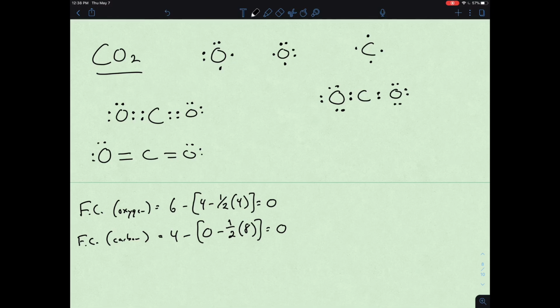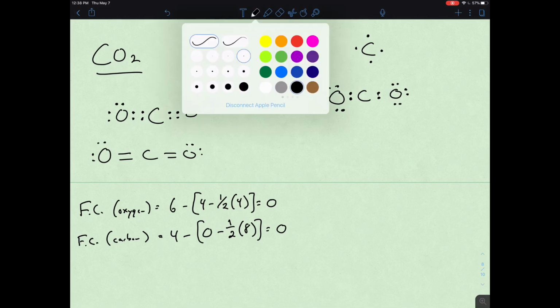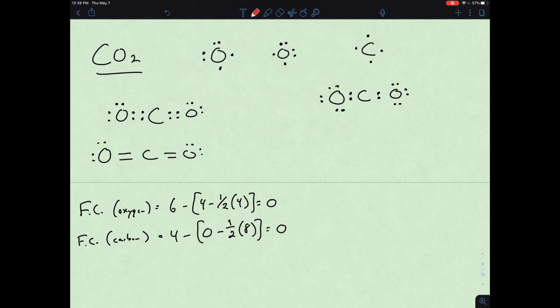And so what we see on the left also has 16 electrons compared to what we have on the right. Now, we should see some serious problems. Right? Carbon, there is no octet, right? And that should be really a driving force for us to understand that, okay, this structure is not correct.